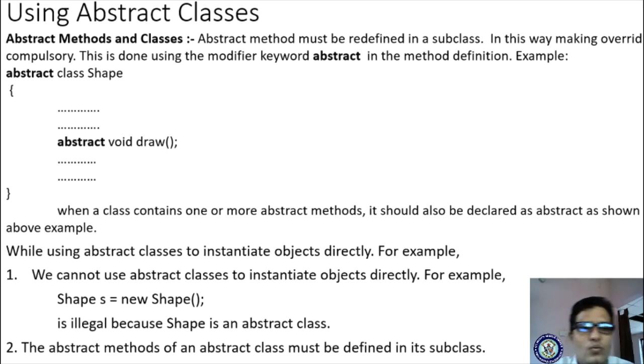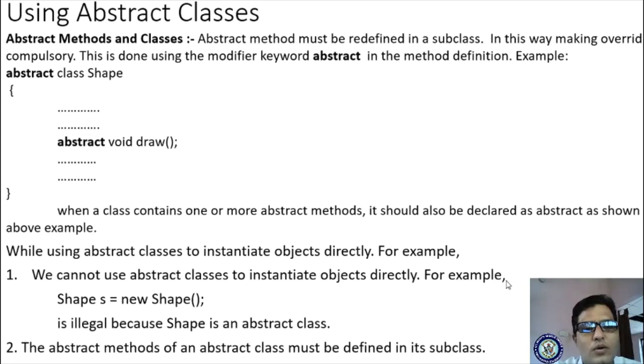Okay, while using abstract classes, to instantiate objects directly we have to note some restrictions. Let us see what those are. The first point: we cannot use an abstract class to instantiate an object directly.